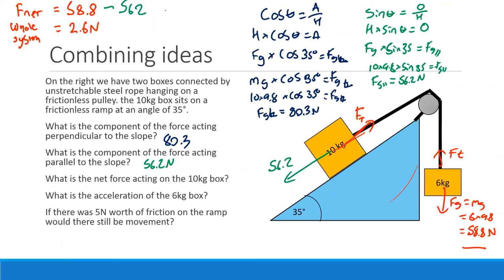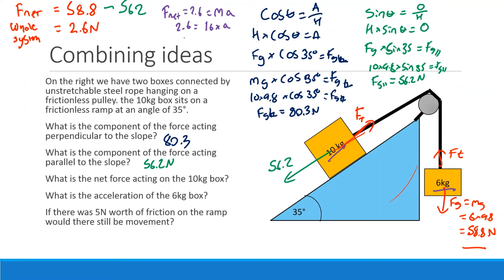So what I might do instead is find this. If I know F net equals 2.6, then I know that's going to equal the mass times acceleration. And I know the total mass of the system is 10 plus 6, so 16 kilos times the acceleration. 2.6 divided by 16 is going to give us 0.16.